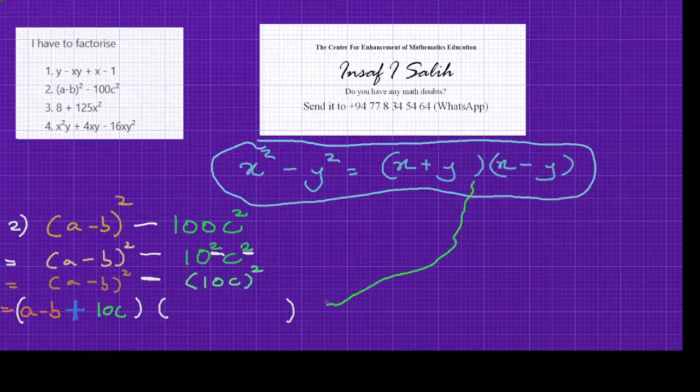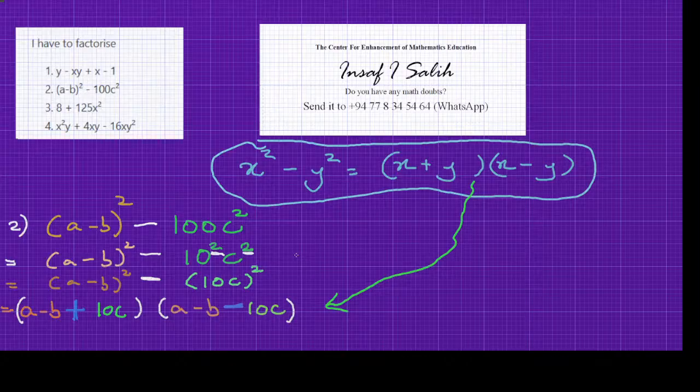Same as this. What would come in the other bracket, the second bracket? It's going to be a minus b minus 10c. Alright, that's it with question number 2.